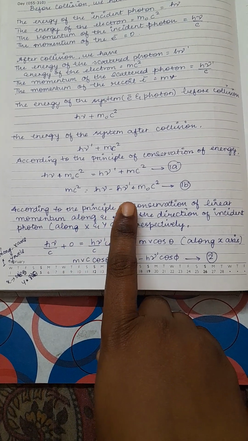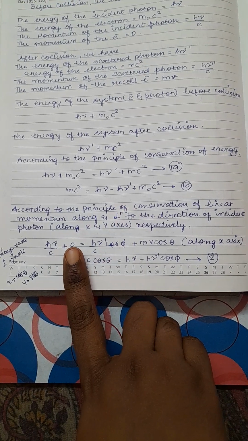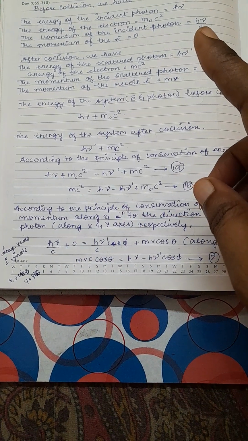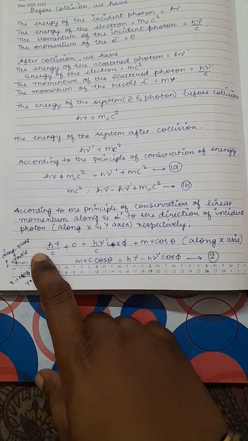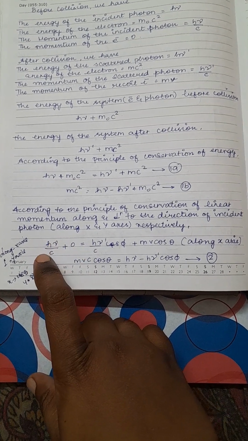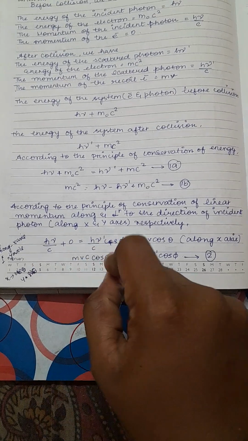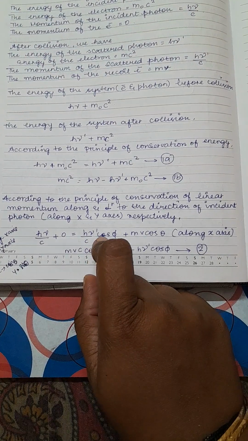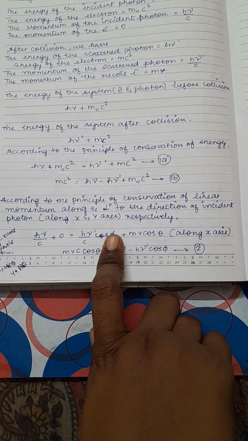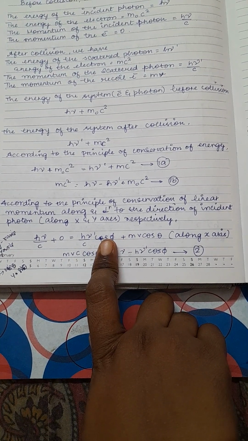In the x axis the momentum of the electron is 0, whereas the momentum of the incident photon is h nu by c. So before collision we have the LHS as h nu by c plus 0, whereas coming to the RHS along the x axis, the electron is going to create some angle theta, as well as the scattered photon will create some angle phi.